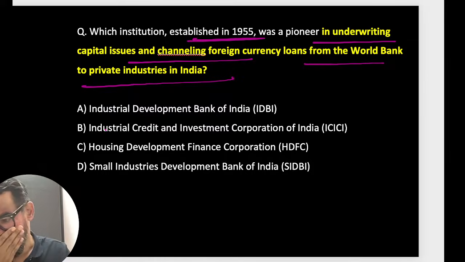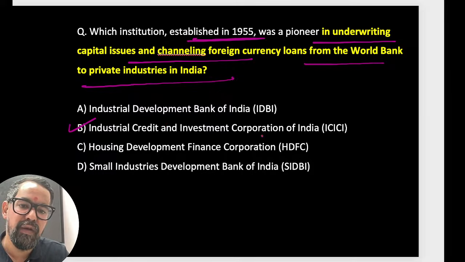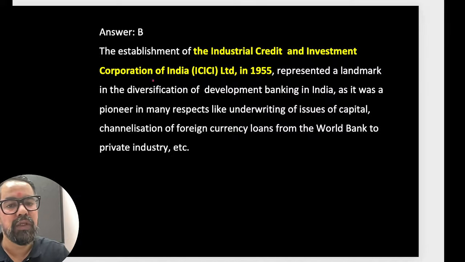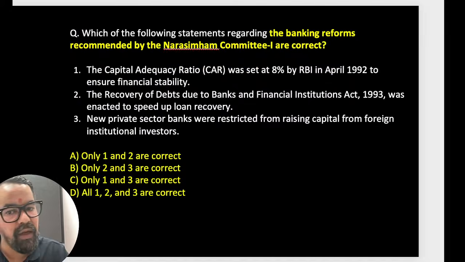Anyone? Yes, very good. It is ICICI. Well done. The Industrial Credit and Investment Corporation of India (ICICI) was known for this. So the core objective of ICICI was in areas related to this. Well done, guys. Next one.